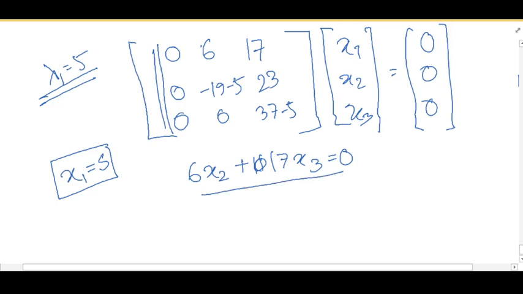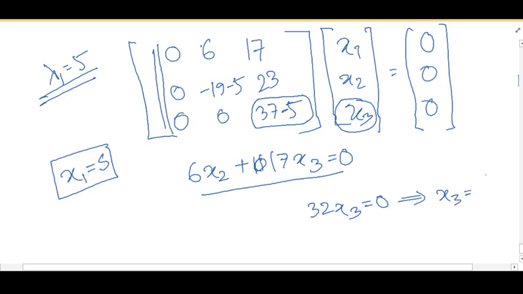Another simple solution can be obtained here: this one multiplied by this one gives 32x3 equals 0, which gives x3 equals 0. Then if x3 equals 0, x2 will again equal 0 from this case as well.